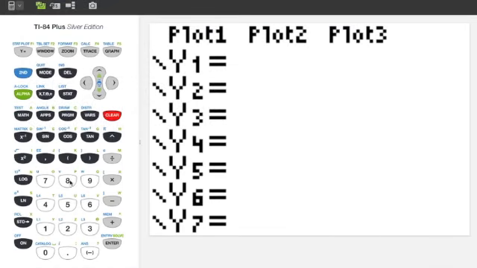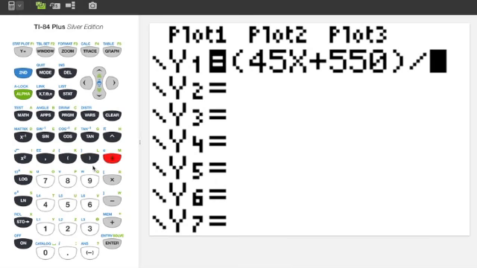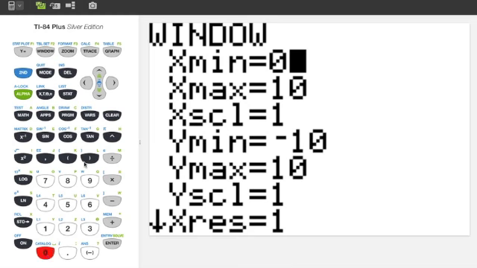The average cost function. So that was 45x plus 550 divided by x. We can't sell less than 0 items. So it said to do 50 units.